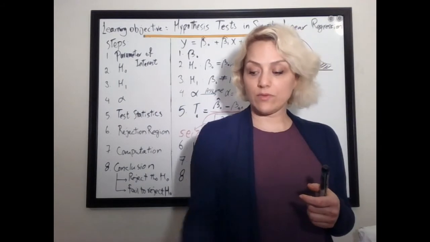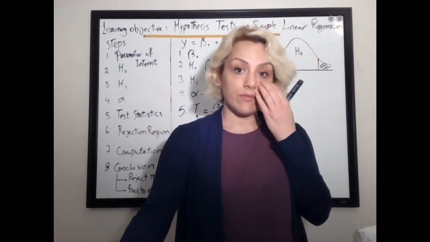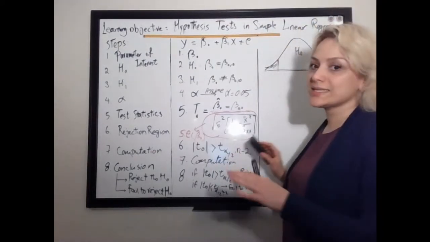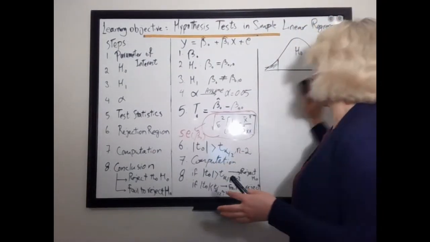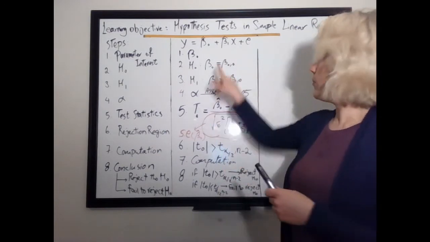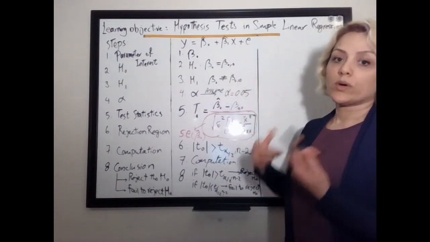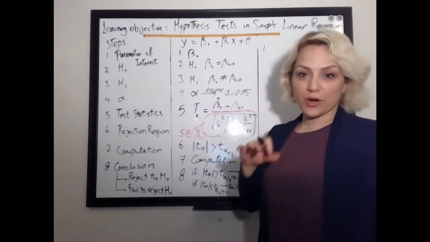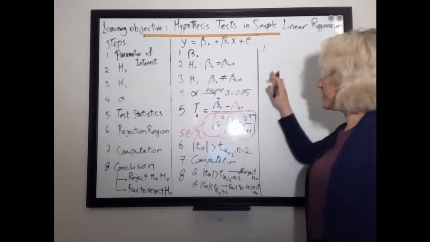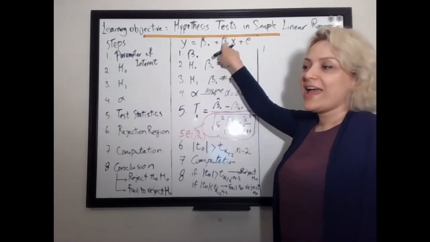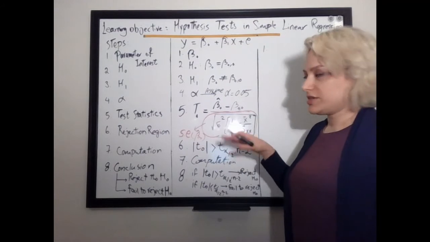The next thing that we want to work on is what's going to happen for the beta 1. I'm going to quickly say that here because it's very similar. So when we are talking about the beta 1 here, what's going to happen? First of all, my parameter of interest, I would recommend that you pause the video here and try to write down the steps for the beta 1 estimate, and then come back and watch the rest of it.